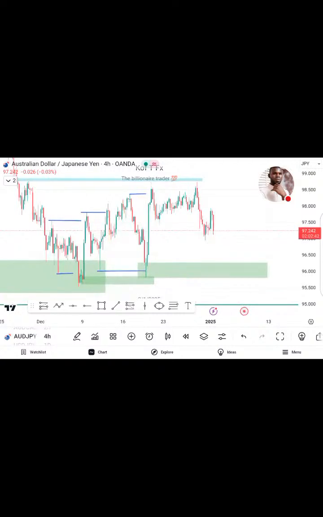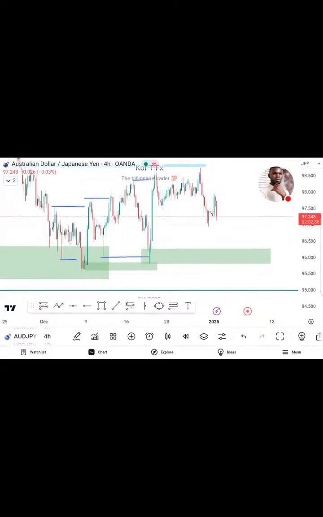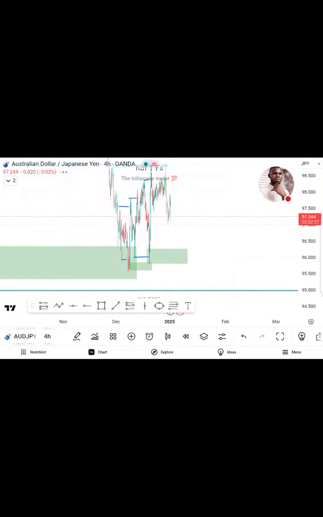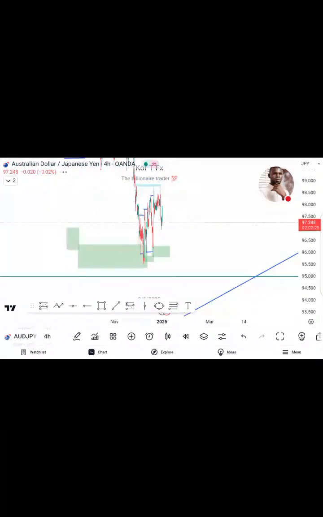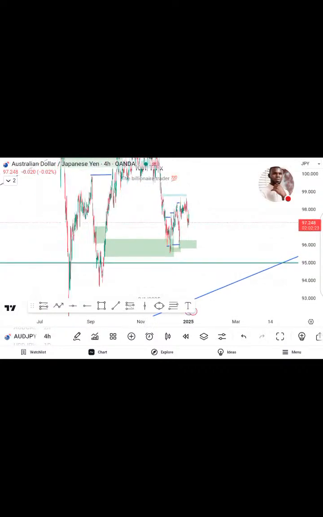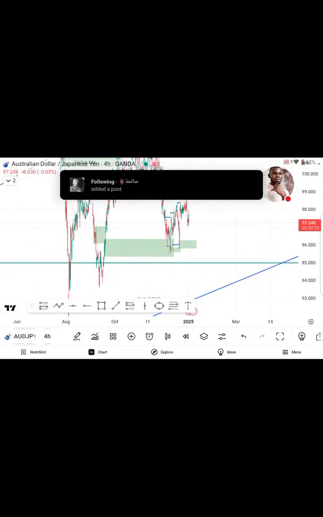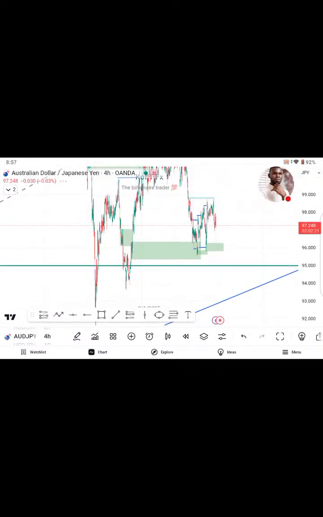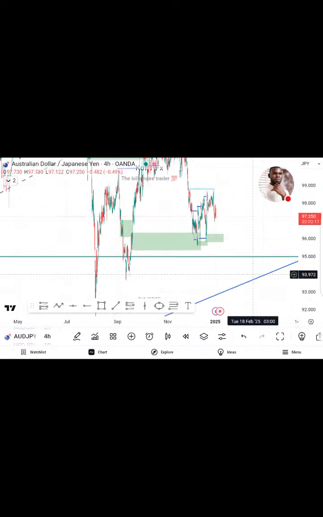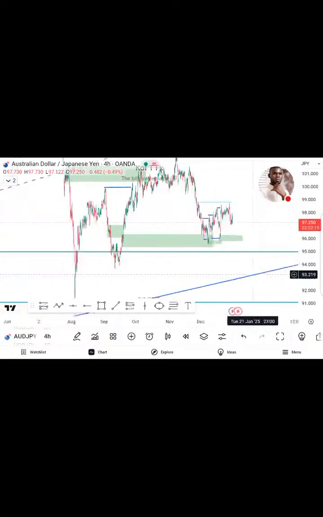On 4 hours time frame, okay, here price is coming from a demand zone, which is on daily time frame.